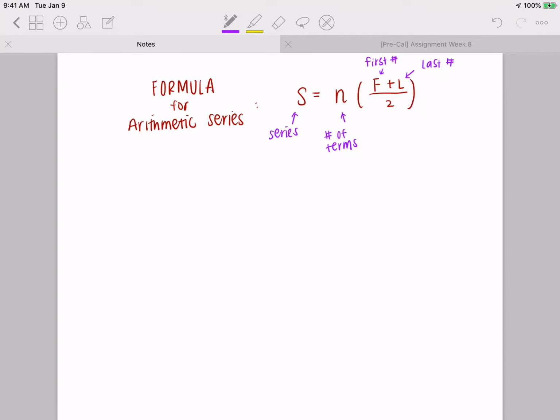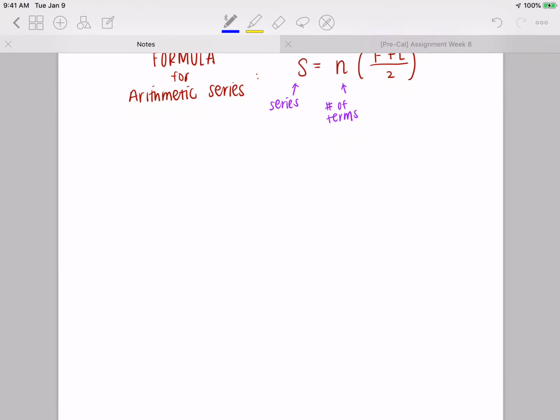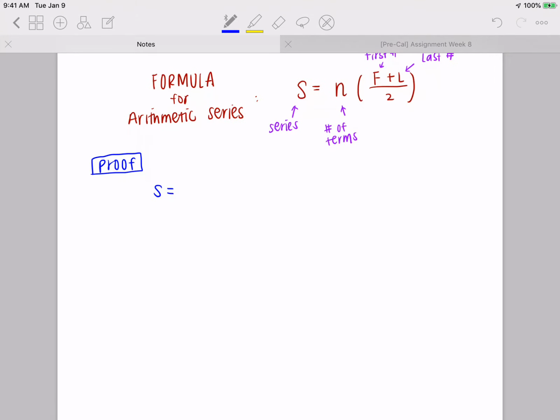Okay, so from here, I'm going to show you a proof on how this formula is created. If you're interested, you can watch this. If you are not interested, then you can skip a little bit. So I'm going to write proof. So same thing, if I have S equal to the series, I'm going to be using only letters, not examples.